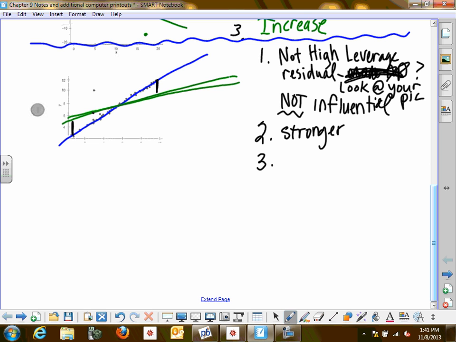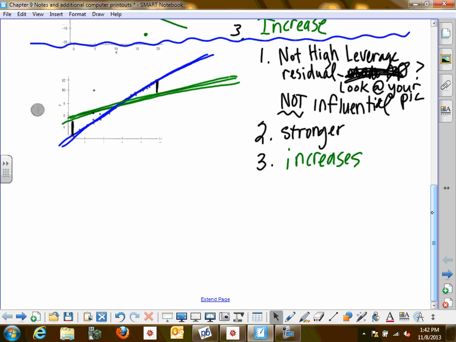So what happens to the slope? It is getting steeper. The blue line has a steeper slope than the green line, so therefore the slope is increasing because it is getting steeper.